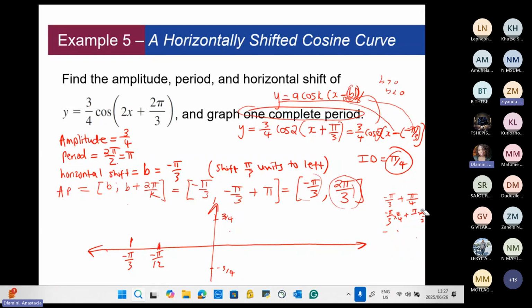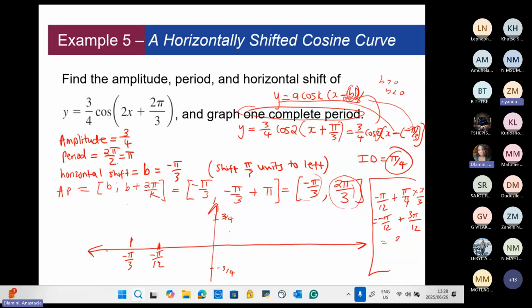Then plus pi over 4 again, multiplying by 3 over 3 to make the denominator 12, we get negative pi over 12 plus 3 pi over 12, which is 2 pi over 12.